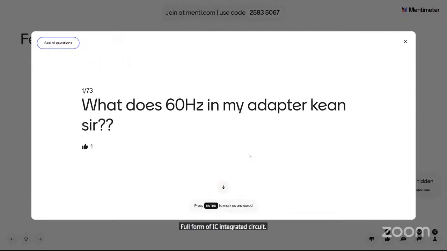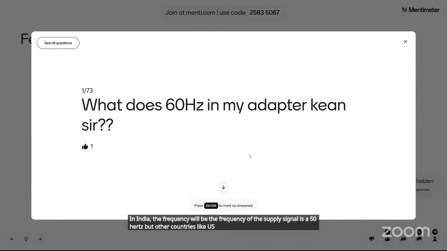What does 60 hertz mean on my adapter? In India, the frequency of the supply signal is 50 hertz, but other countries like USA and UK adopt the 60 hertz frequency system. That means in every 1 second, 50 times it will be in the positive direction and 50 times in the negative direction.